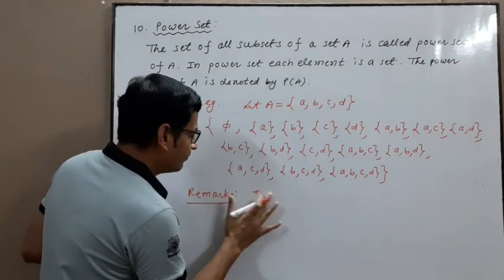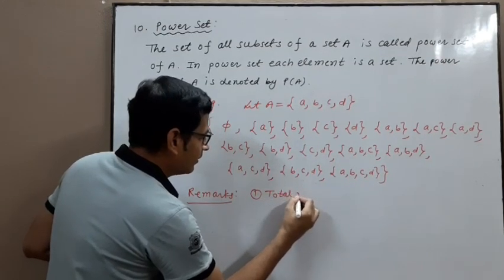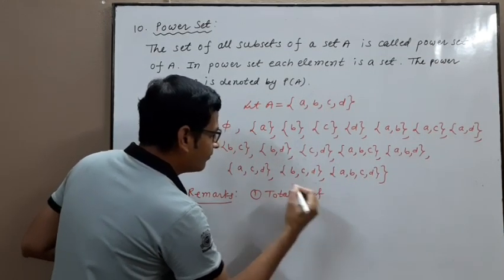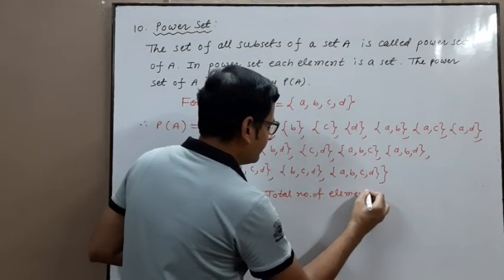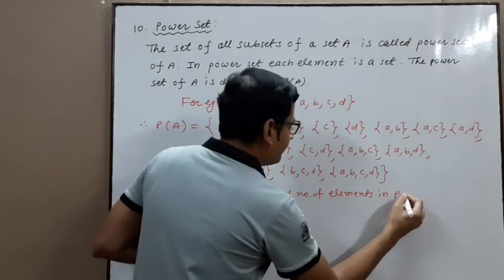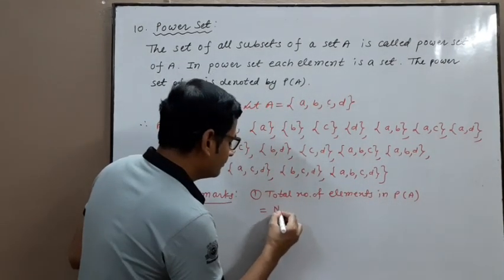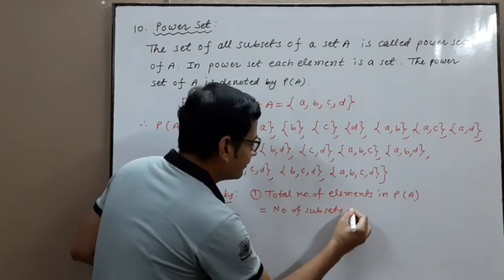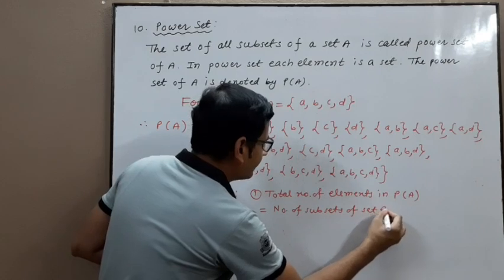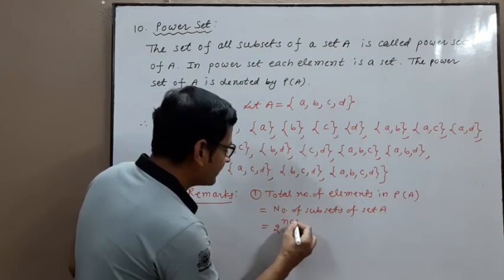Number 1, the total number of elements in power set of A is equal to the number of subsets of set A, which is 2 raised to the power n(A), meaning its cardinal number.